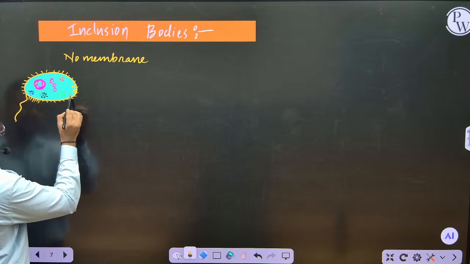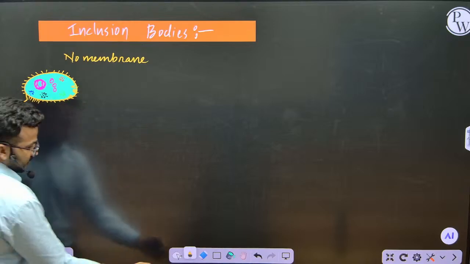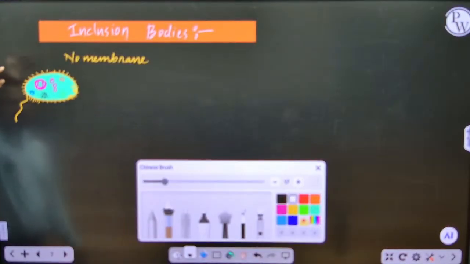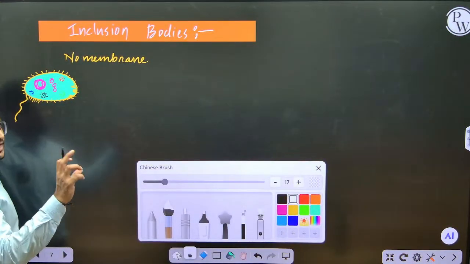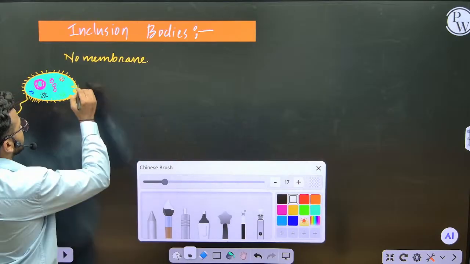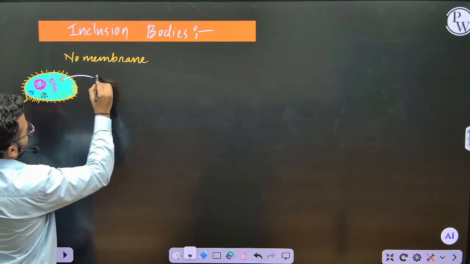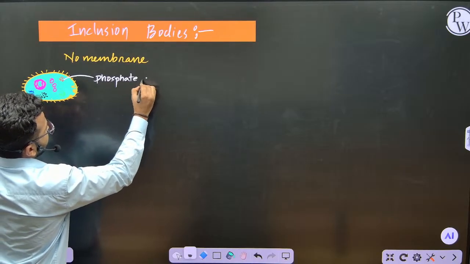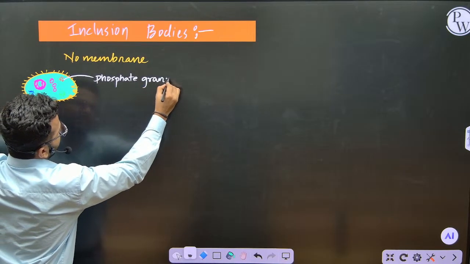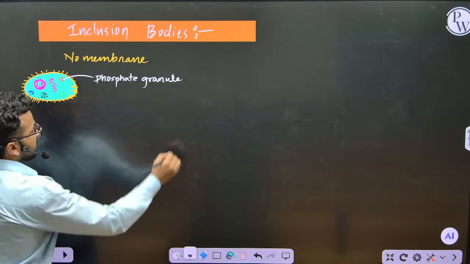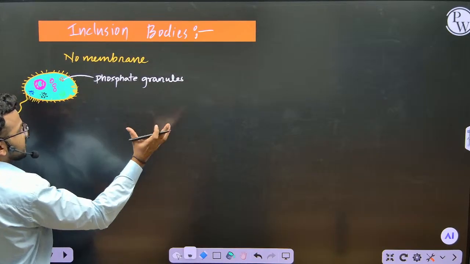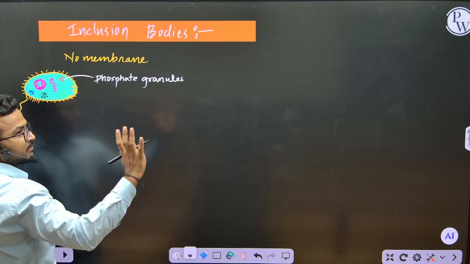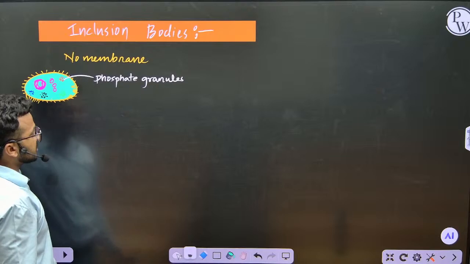So now we'll discuss one by one. You will be seeing different kinds of inclusion bodies, like phosphate granules, which is one type of inclusion body. All the phosphate granules are accumulated at one place in a cell-free system without any membrane, and we call them phosphate granules.